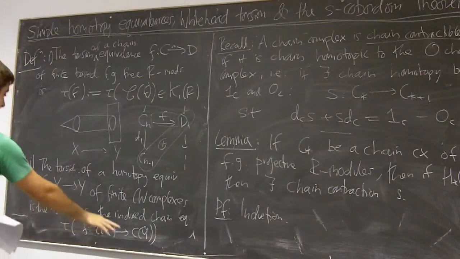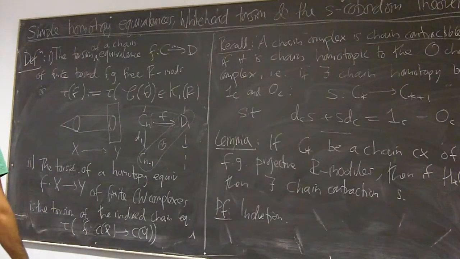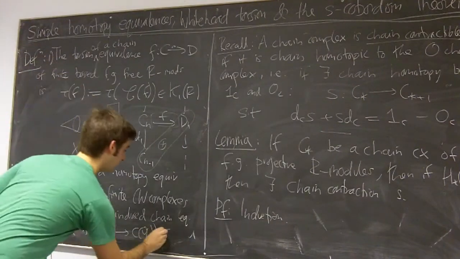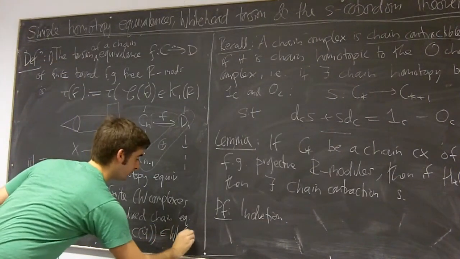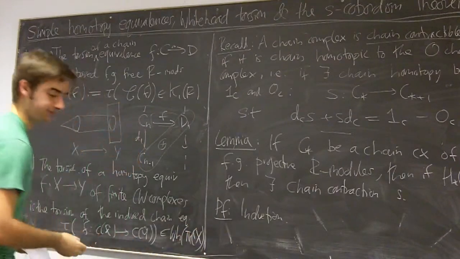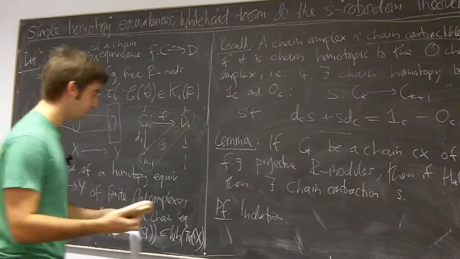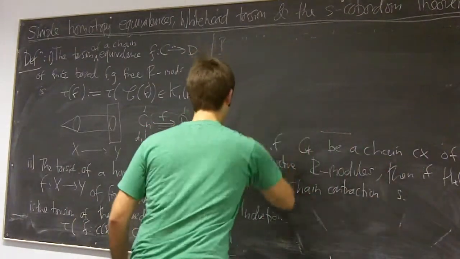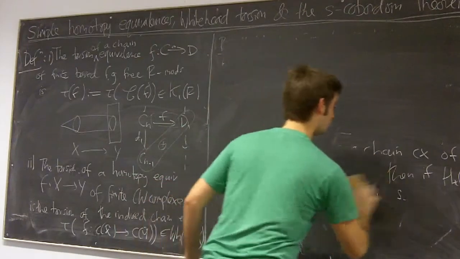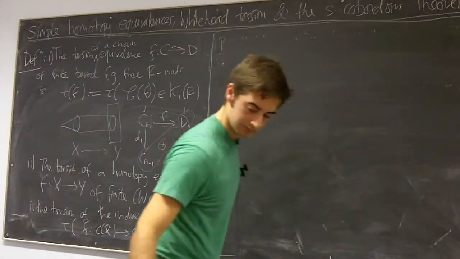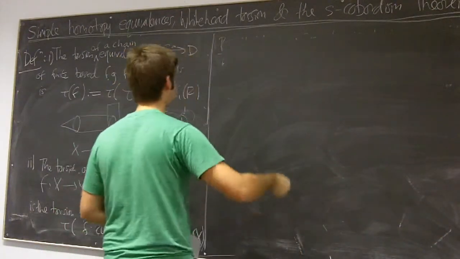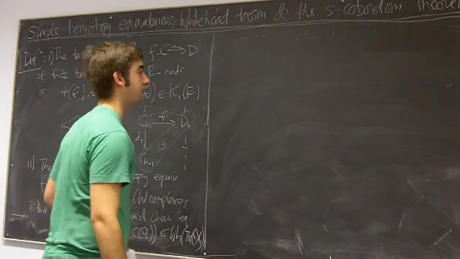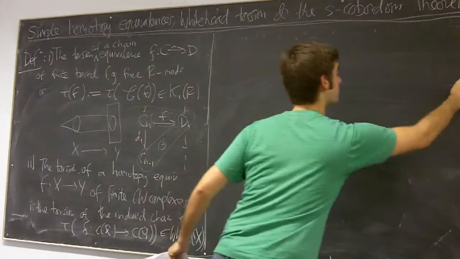And then you take the mapping cone, the algebraic one, and this will be in the Whitehead group of pi 1 of X. This allows us to define the notion of a simple homotopy equivalence.